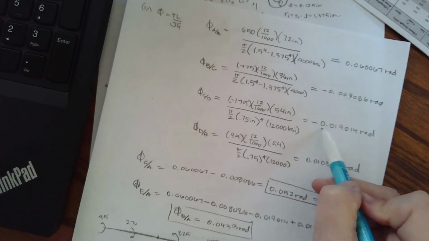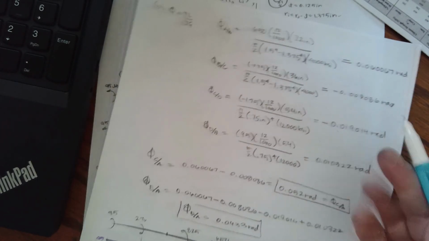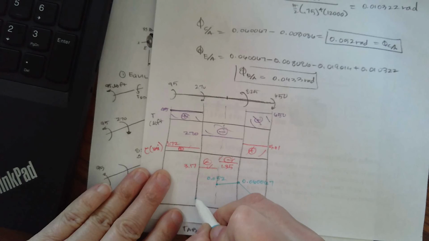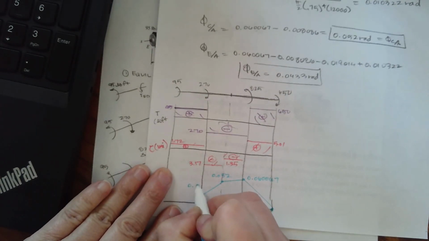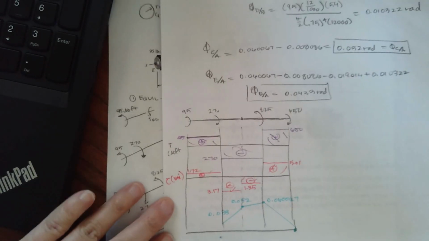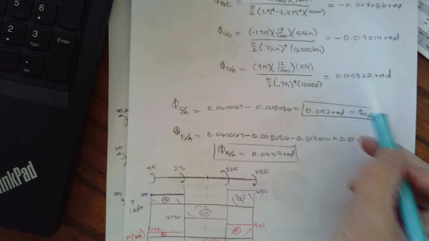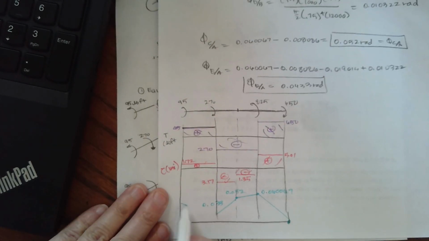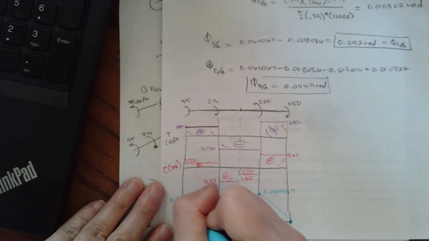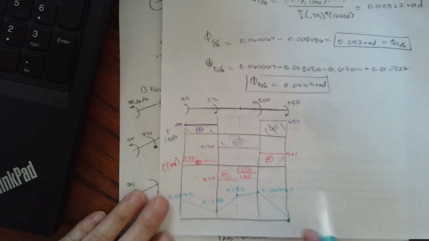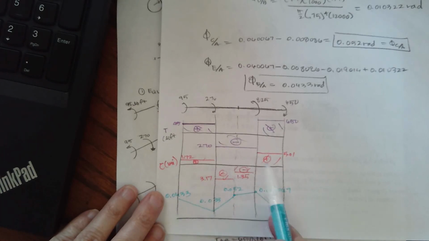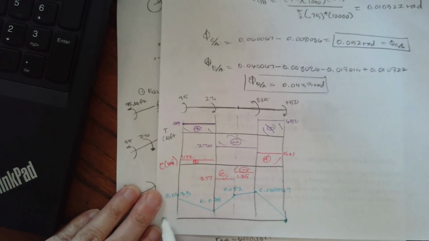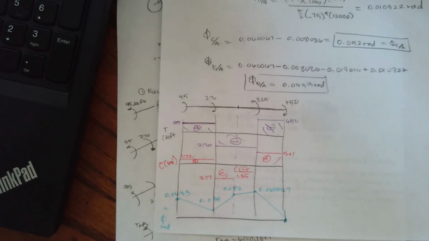And then we're going to twist even more negatively, so we're going to be going down. And when we subtract that out, we get 0.033. So it's still up in the positives. And then we add that value on, and we end up at 0.0433. So even though we have the negative stresses and the negative torques, it still ends up being a positive angle of twist in radians. And that's where the twisting would end up.